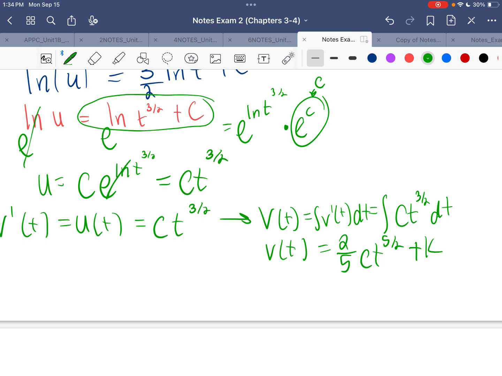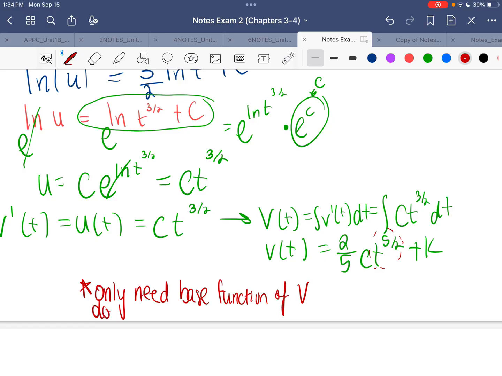We really don't care about the constants. We only care about the function. So we would say v of t is equal to t to the 5/2.